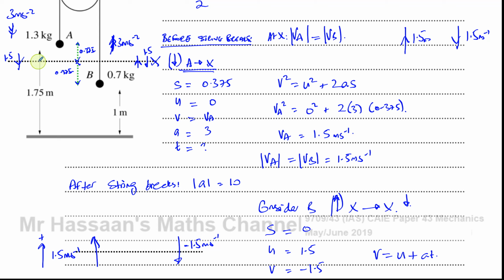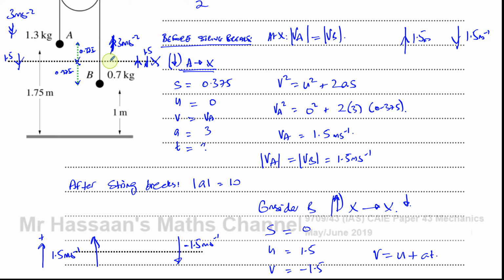So we don't actually need to know that time, because when B goes up and then comes down again, it's going to go from here to there with the same time, because it's going to be going up with a speed of 1.5 as we just calculated, and it's going to reach the top of its flight, and as it's coming down, it's going to be going down at this point back with the speed of 1.5 meters per second, but downwards, right? And from this point down to the ground, it will be the same time it takes for it to reach the ground that A reached the ground when A started.